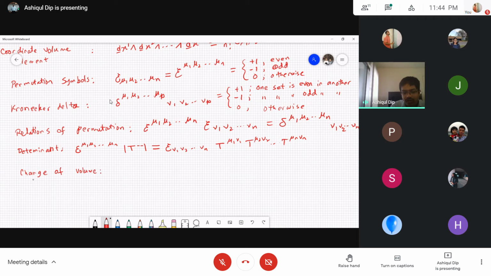The volume element in the new coordinates, dx1 prime wedge dx2 prime wedge up to dxn prime, is related to the old coordinates like this, where J inside the bar is the determinant of the Jacobian matrix, times dx1 wedge dx2 wedge up to dxn in terms of the old coordinates.